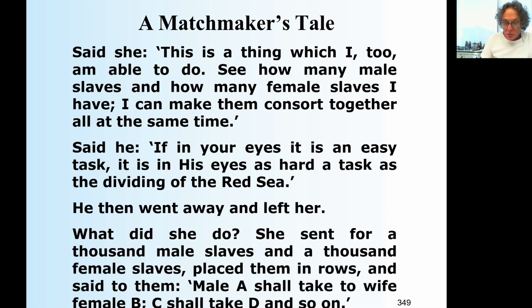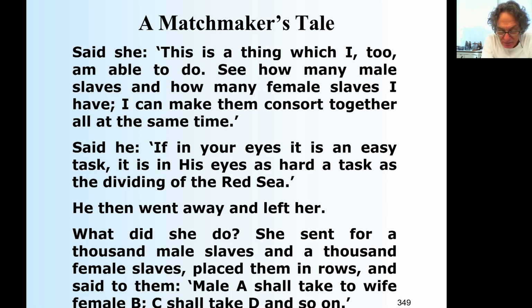What did she do? She sent for 1,000 male slaves and 1,000 female slaves. Placed them in 2 rows, and said to them, male A shall take to wife female B. C shall take D, and so on in a minute.